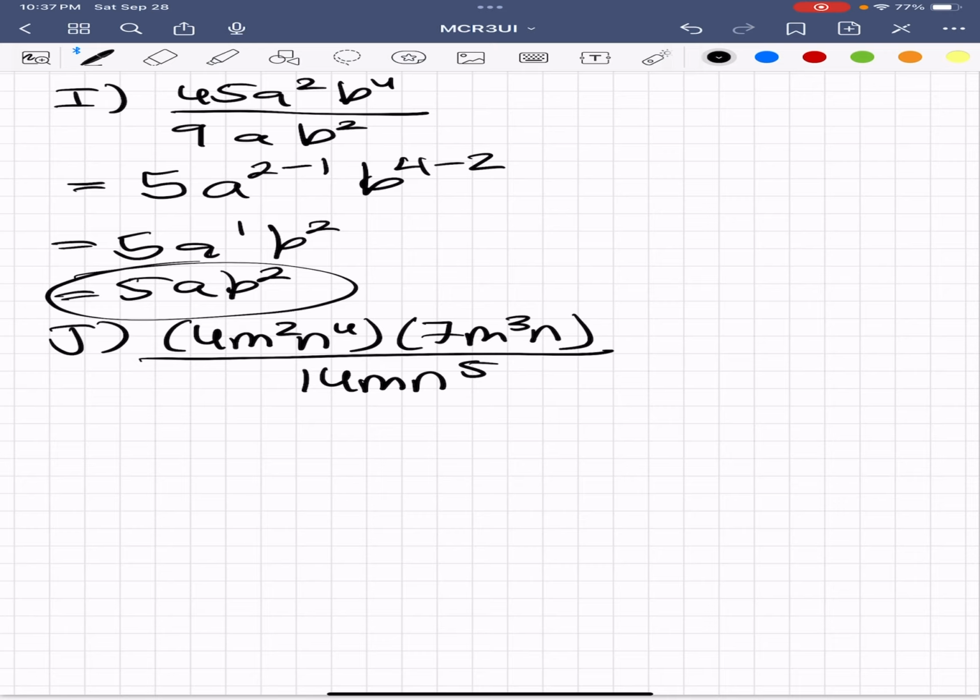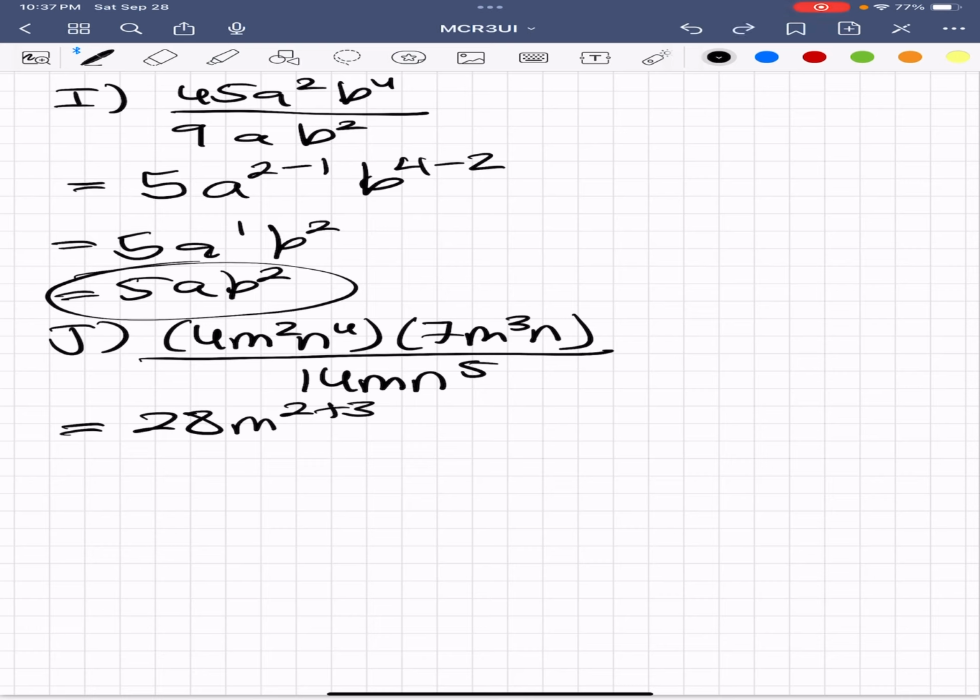So we have multiplication within our numerator, and then we're going to deal with the denominator and subtract our exponents and divide if necessary. So 4 times 7 is 28. We have m as a common base and n as a common base, and we're going to add those exponents. So m to the power of 2, m to the power of 3 becomes m to the power of 2 plus 3.